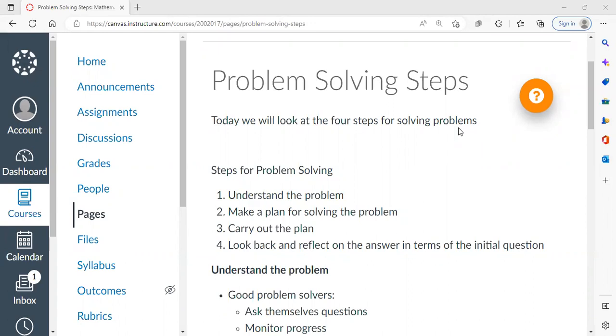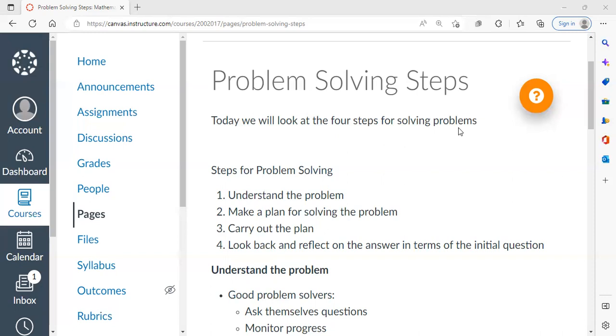Gavin, what's the first thing that you normally do when you're trying to solve a problem? Miss, read the problem and try to work it out. Why are we reading the problem?